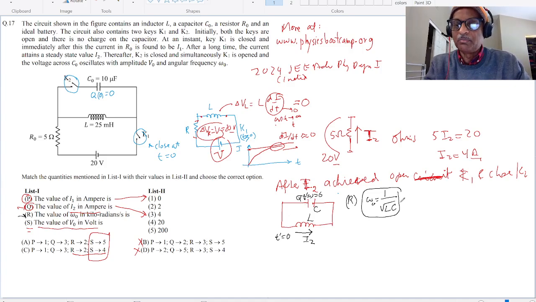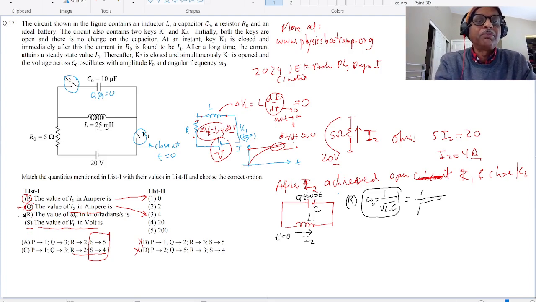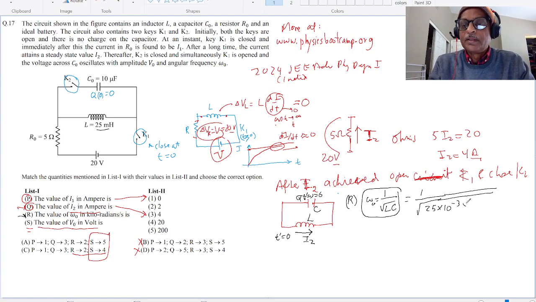It's an important equation to remember. We need the values: L is 25 millihenry, 25 times 10 to the minus 3, and C is 10 microfarad, 10 times 10 to the power minus 6. So all of this is 10 to the power minus 8 inside the root, and so this is going to be 1 over 5 times 10 to the power minus 4.